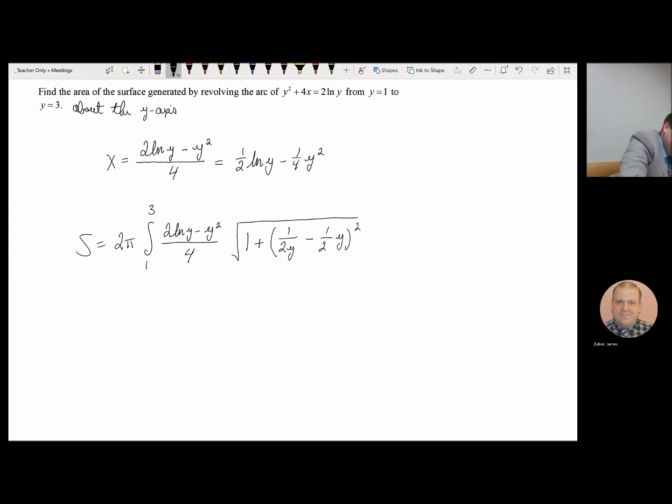And that gets squared. I think before I square that, I'm going to combine that into a single fraction.